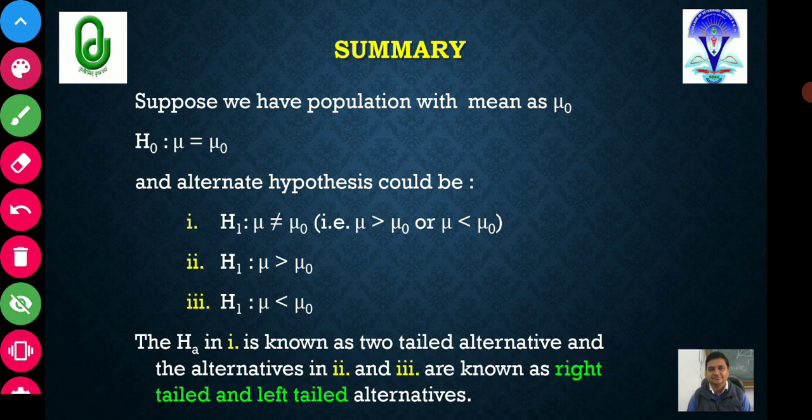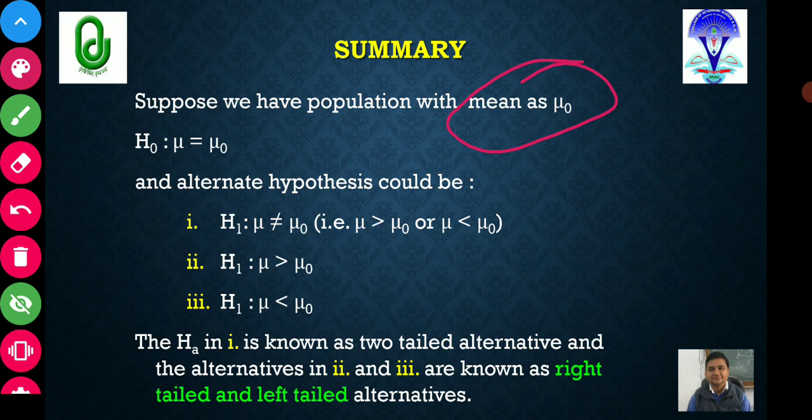Now in summary you can say, suppose we have a population with mean mu0. You have taken a sample and now you want to test whether your sample mean mu is equal to mu naught. So what could be the alternate hypothesis?